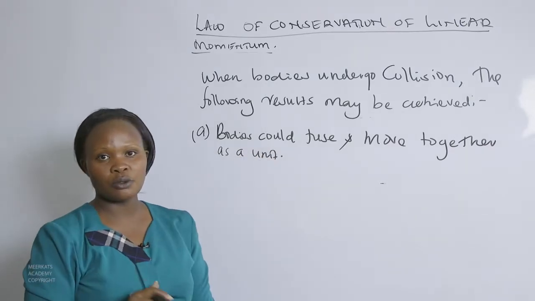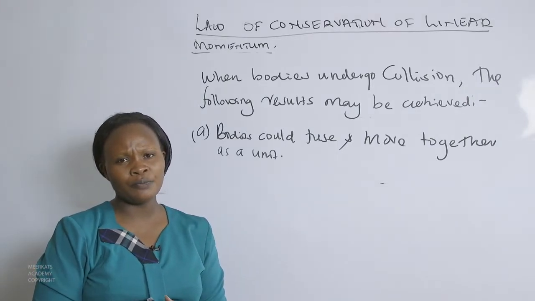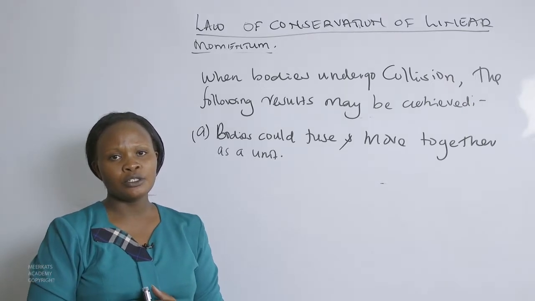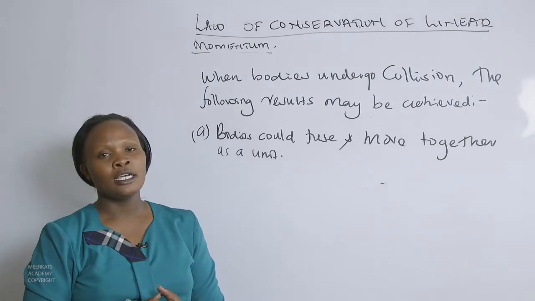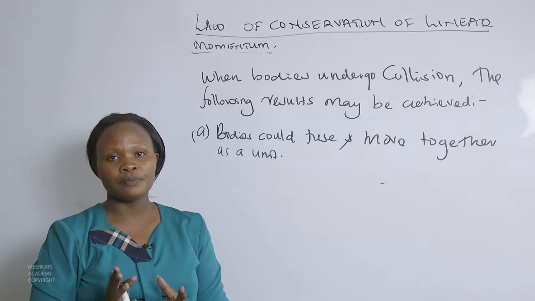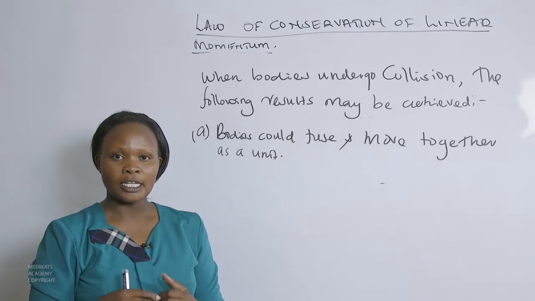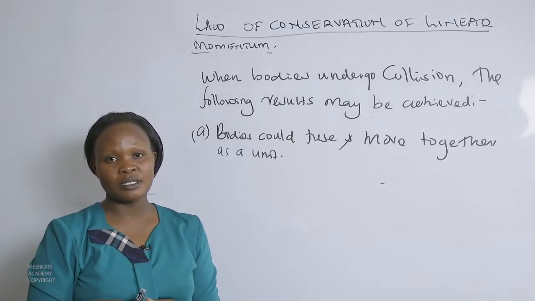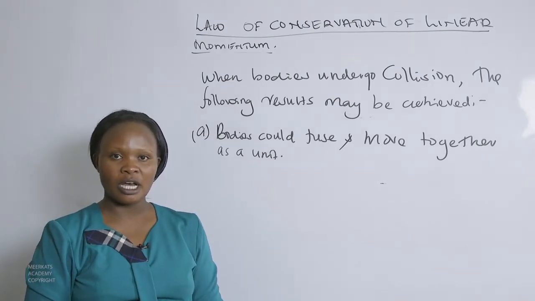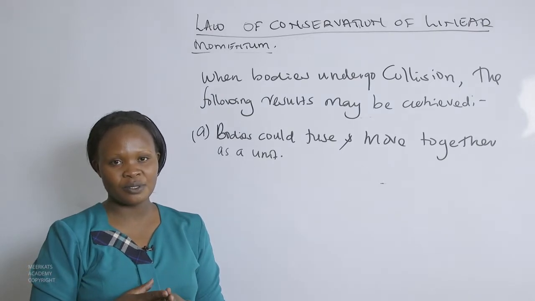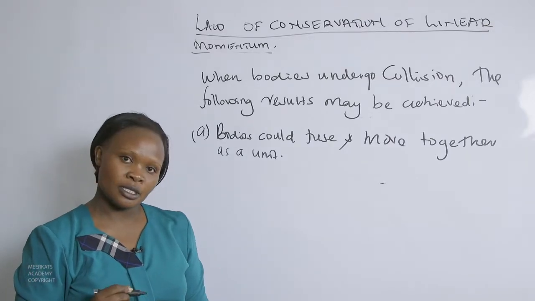Number one is that bodies could fuse and move together as a unit. For example, you could have two pieces of plasticine, and then you knock them together. What happens is that they stick to each other. That is what we talk about as fusion, that they fuse, they merge, and they move together as a unit.